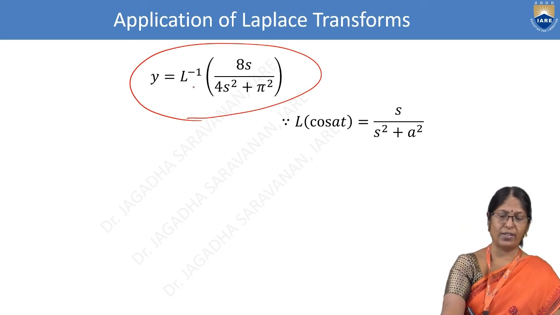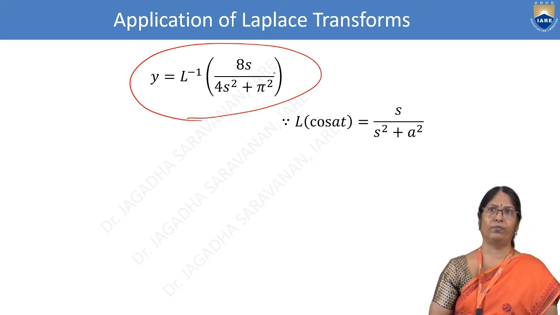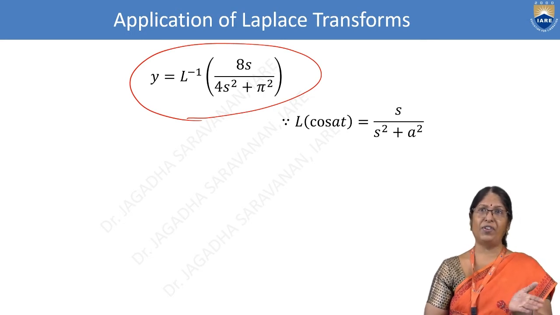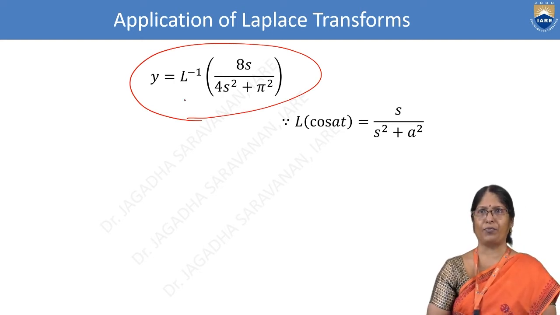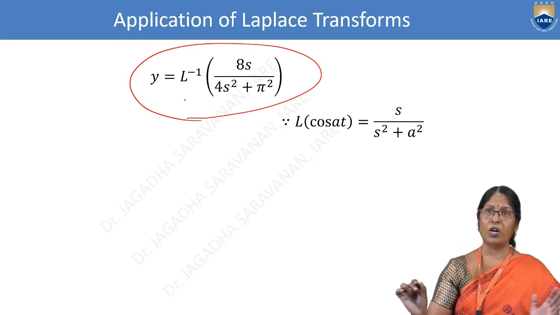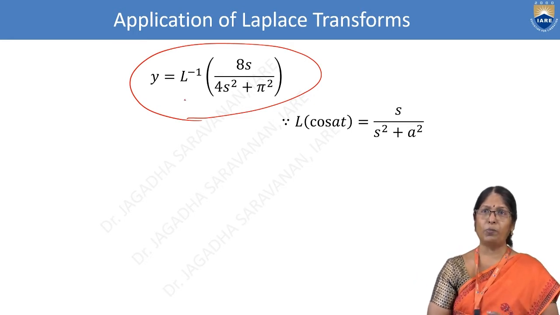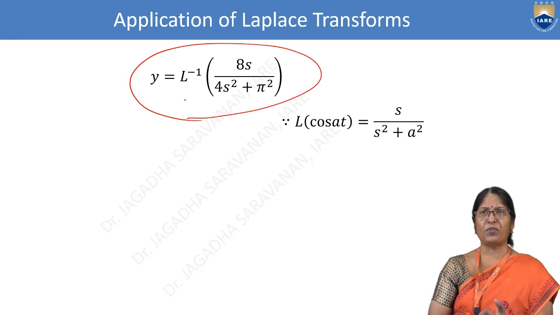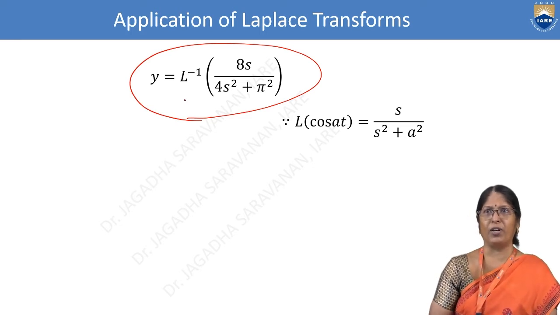In the application, first we apply Laplace on both sides, and finally the inverse Laplace transform we are finding. For this, so many formulas are there. We have to select the suitable one and substitute here, quickly, in a fraction of a second.